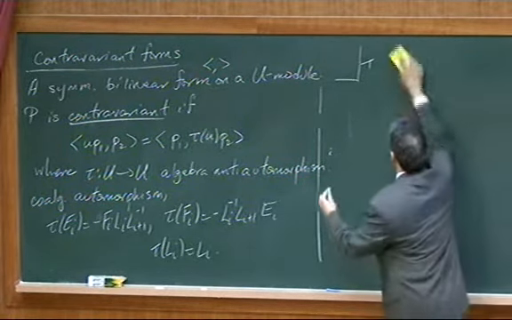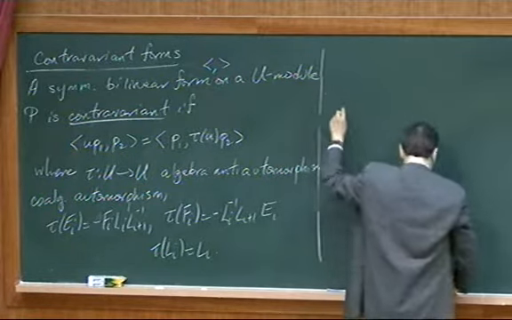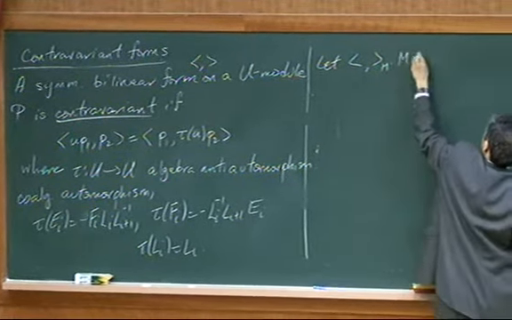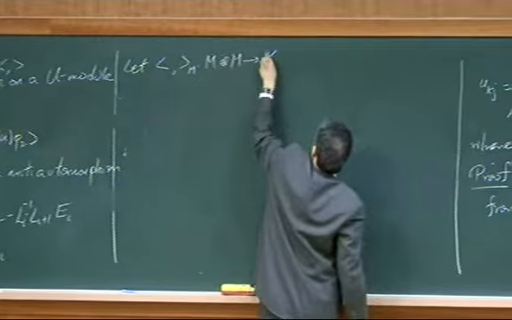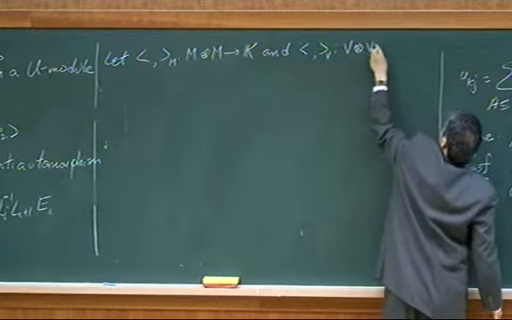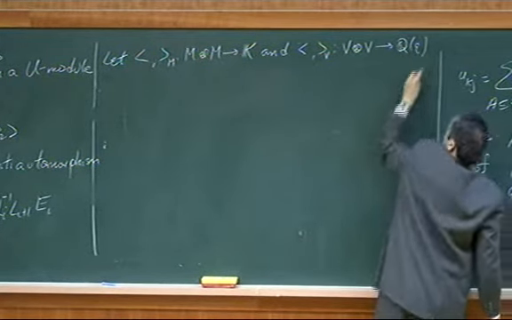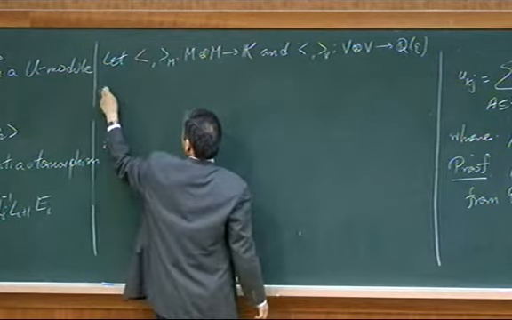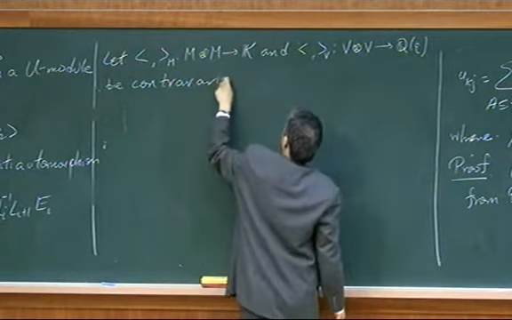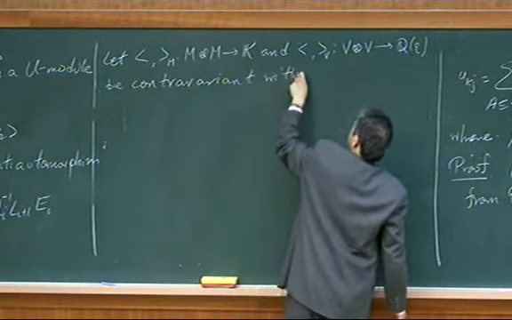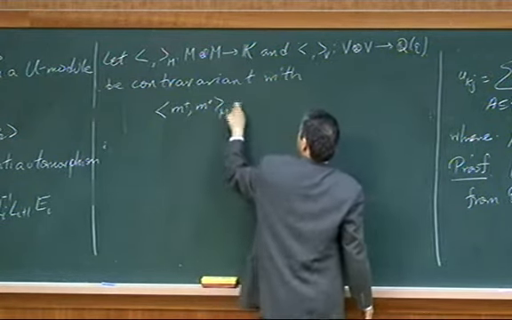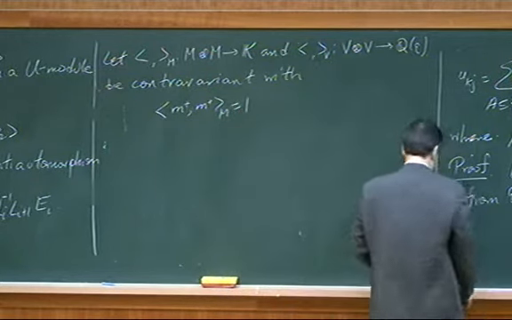Okay, so then let bracket M be a form on the universal Verma module, and bracket V be a form on V, and both contravariant, and we'll normalize it so that the highest weight vector has inner product 1.